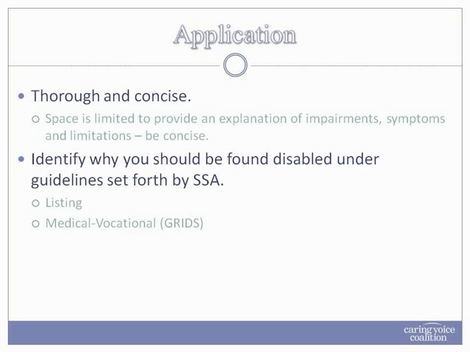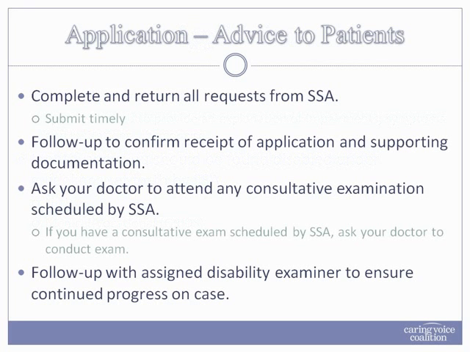The medical vocational guidelines, or grids, explain your functional capacity. That takes into account your age, your educational level, and whether you're considered to be a skilled or semi-skilled worker. So all of that is taken into consideration.